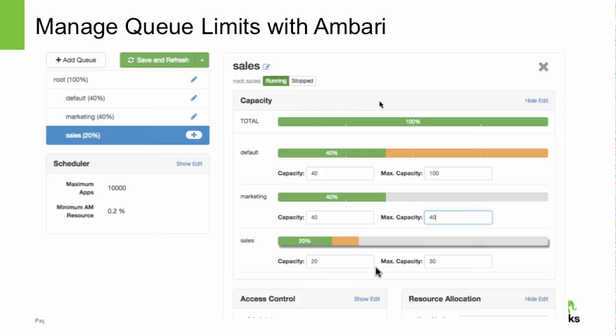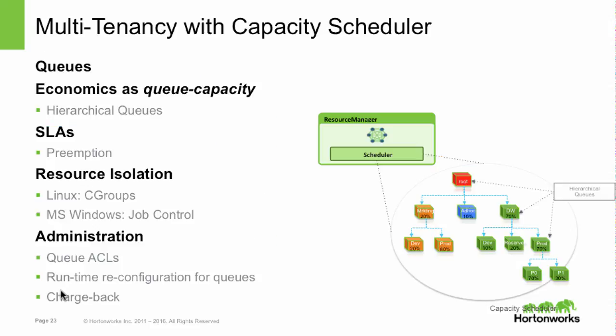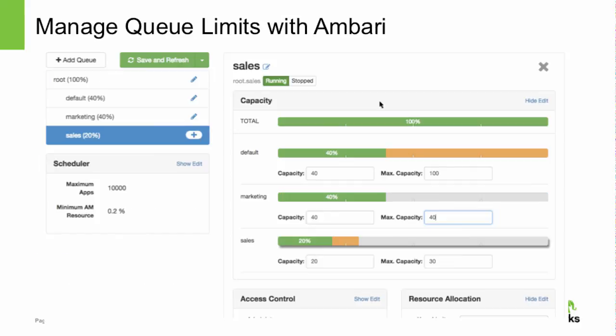What's nice about this, let me go back one slide, is that while the capacity scheduler doesn't necessarily have a rich chargeback system, the data that would drive a rich chargeback model in your organization, based on cluster resources across teams and departments, however you're sharing this cluster, ultimately comes out of these jobs and how they work through the queues.